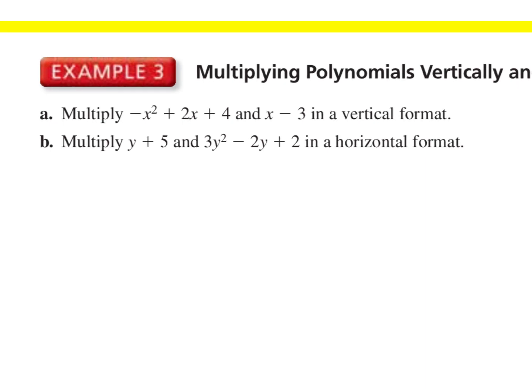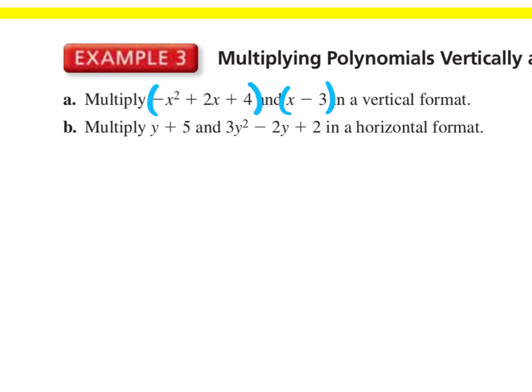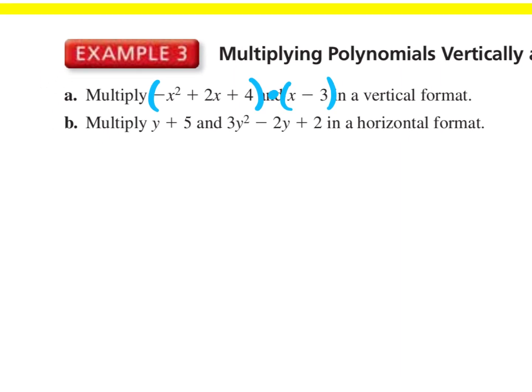So we are multiplying our polynomials. The first one is negative x squared plus 2x plus 4. And the second one is x minus 3. So I'm multiplying these together. When I have 3 terms in the first set and 2 in the second, it's like FOILing, but we have one extra step.